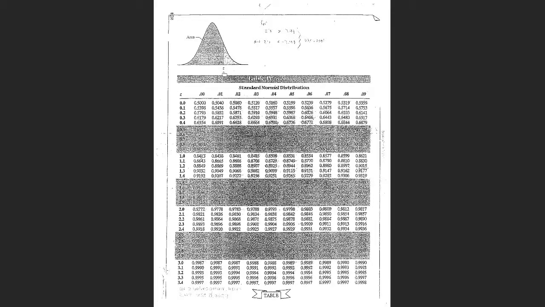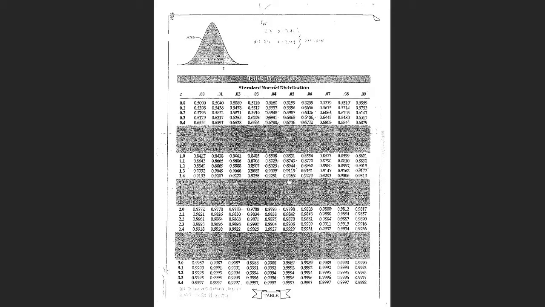A couple of things I'll point out: if you're looking at Z equals 0.0, this first one, notice this one starts at 0.0 and goes up to 3.4. So it goes past a Z score of 3, but only up to 3.4.